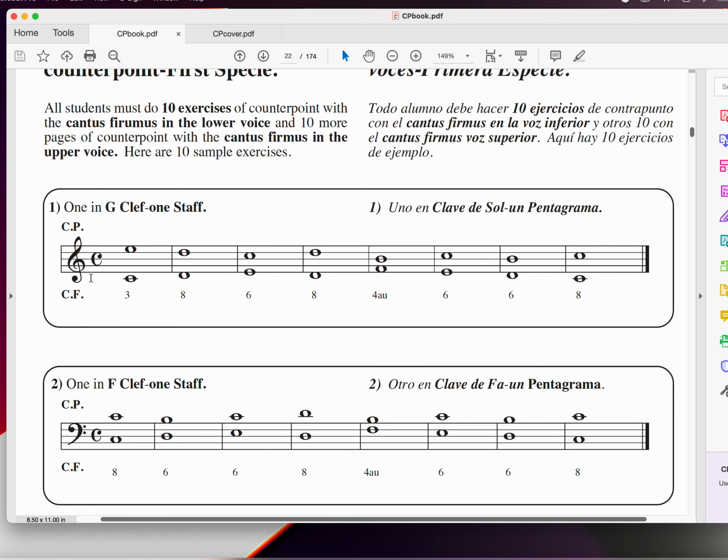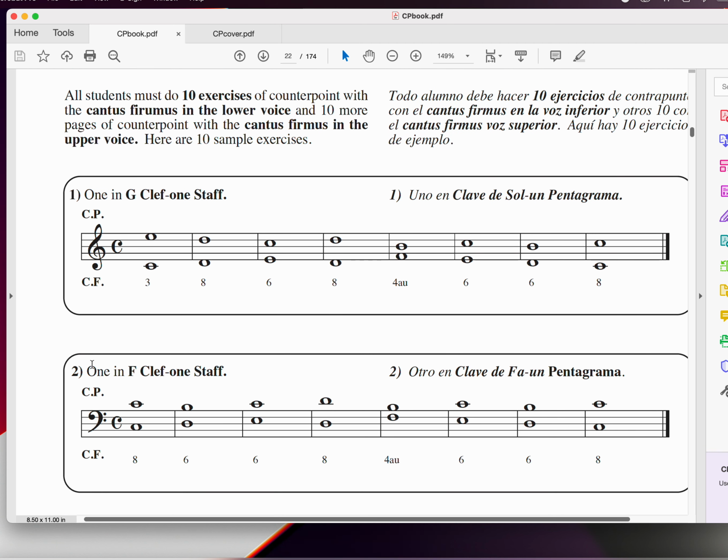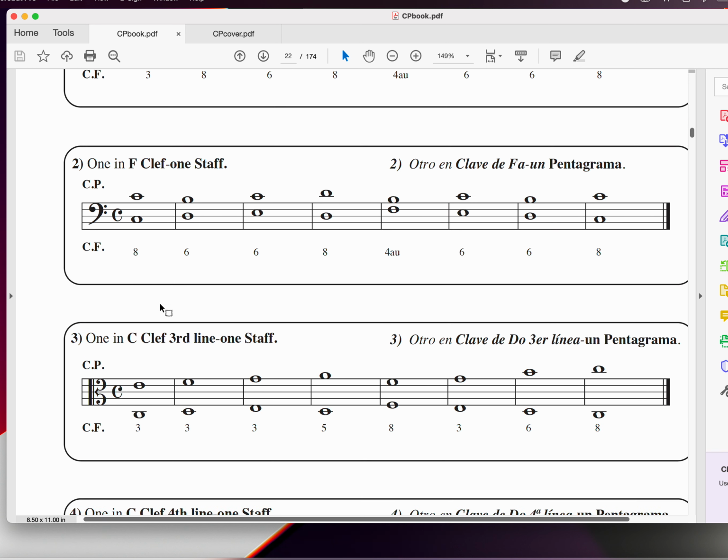Try to do one in the key of G, another one, I mean, with a G clef. If you want, do most of your exercises in the key of C, just so you get used to the rules. Once the rules are not a problem, then you can go to other keys so you can practice your other scales.